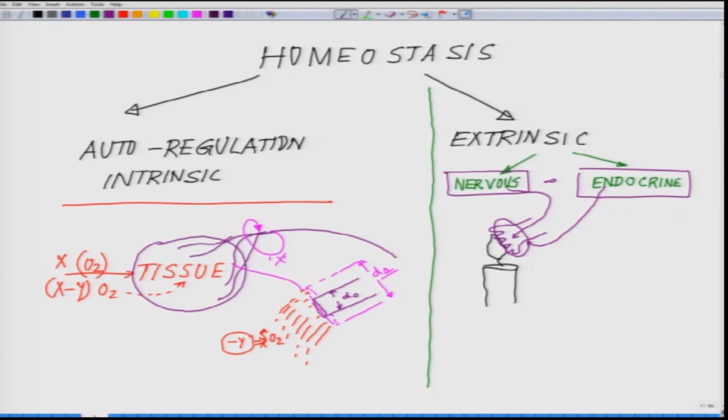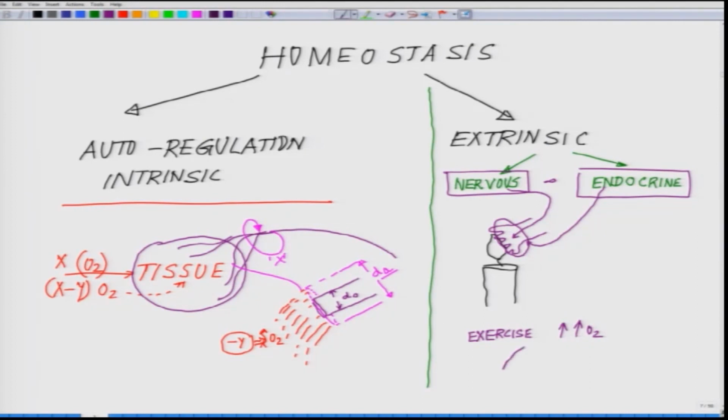Similarly, another example: when you are doing exercise, you are consuming more oxygen.